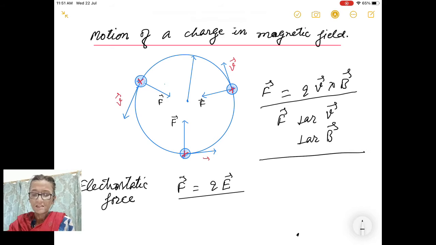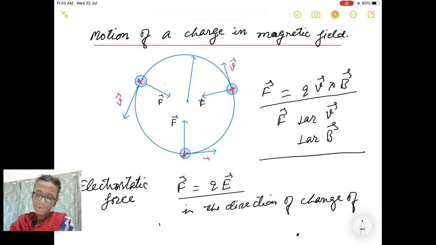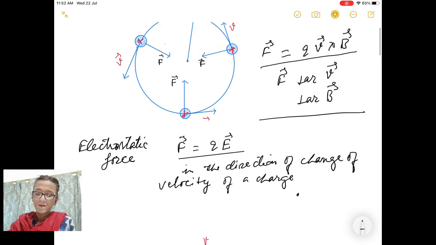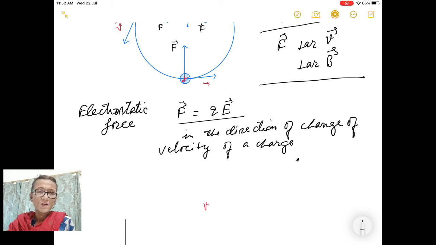This force acts in the direction of change of velocity of the charge.